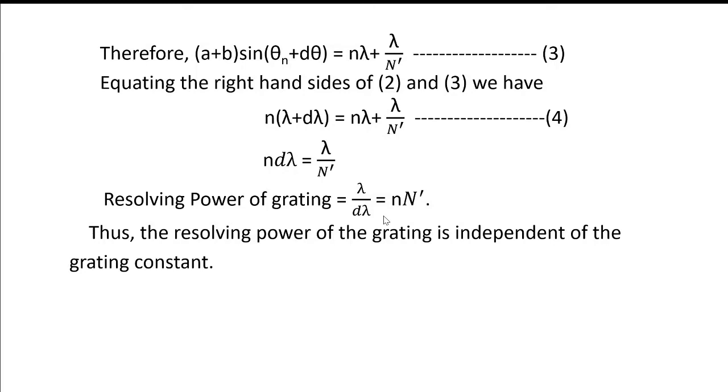From this expression it is clear that resolving power of a grating depends upon the number of lines present on the grating surface and also upon the order of the primary maximum. Further, we can conclude that the resolving power of a grating is independent of the grating constant.